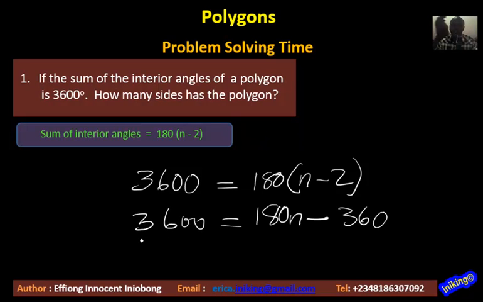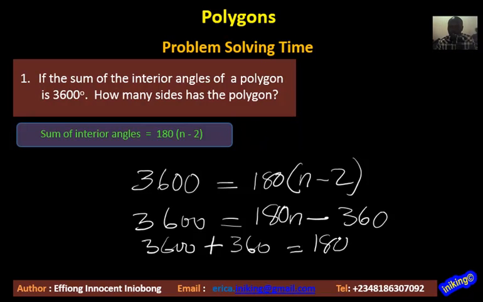On the left hand side, we have our 3,600. So we transfer minus 360 the other way, it becomes plus 360. We have here 3,960 equals 180 n.